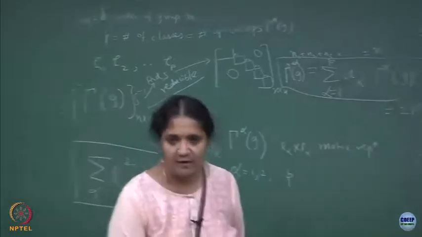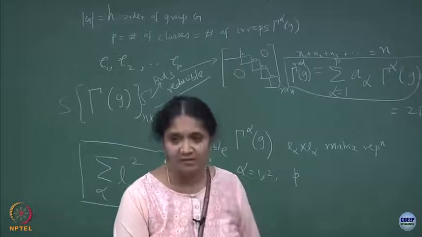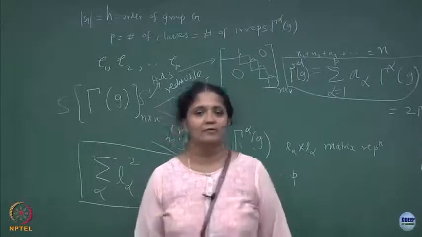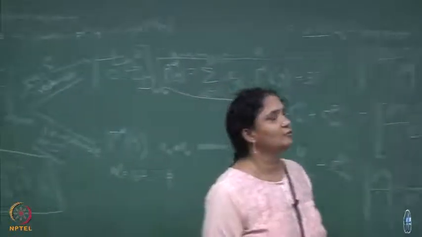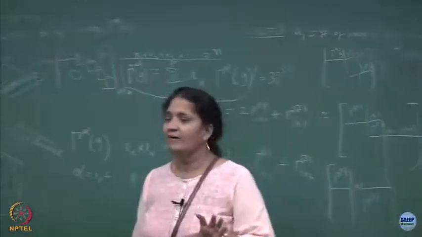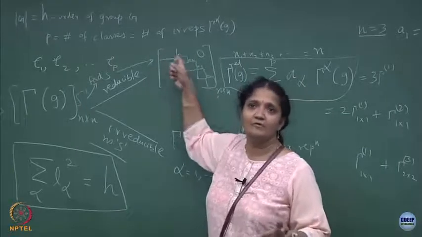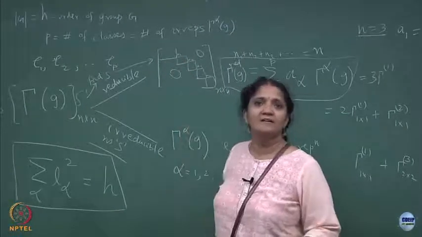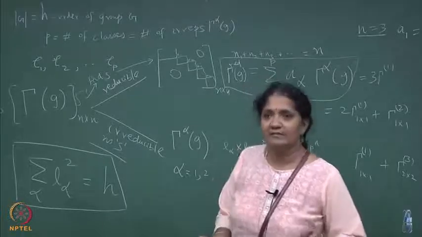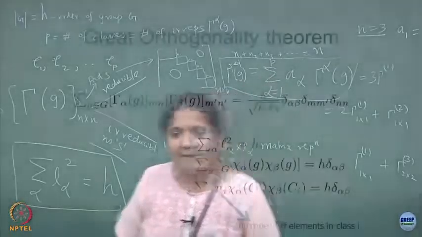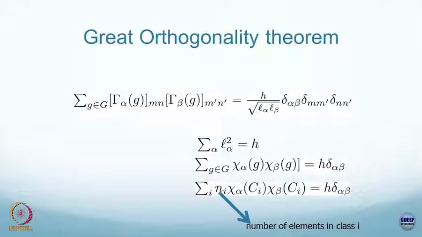Okay. And then I got to the postulate of the great orthogonality theorem. I am not here to prove it, in fact you can use this great orthogonality theorem to prove all these things. I am not proving it, I am saying as a consequence you get these as a product. You can do the proofs if you want, but as of now from the great orthogonality theorem you can prove this L alpha squared equal to h, and you can also show that if you take the trace of those matrices.